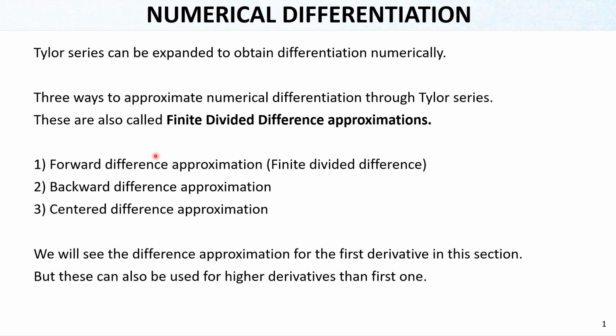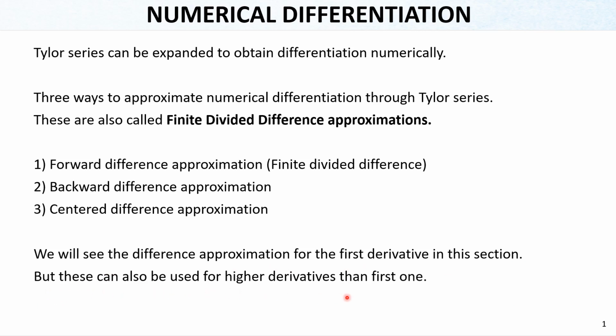These are all called finite divided difference approximations because they include the difference between the current and the previous values. So these 3 are called forward difference approximation, backward difference approximation, or centered difference approximation.